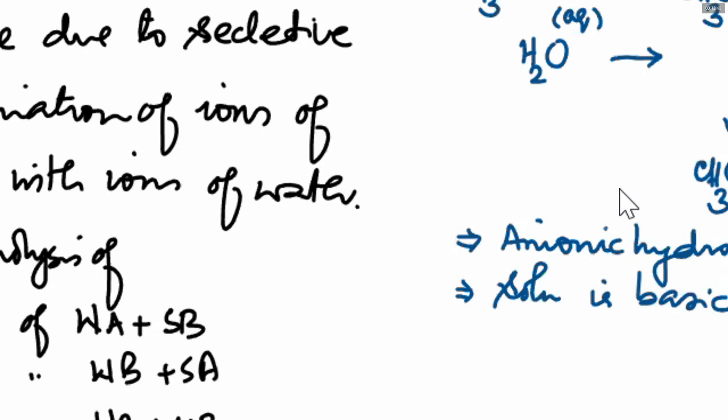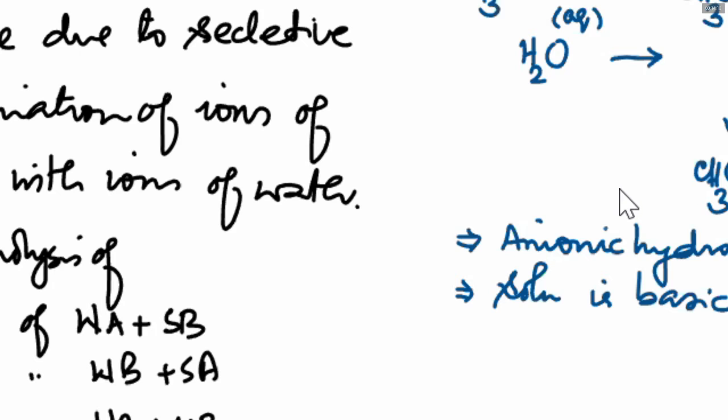Ions of a strong electrolyte never undergo hydrolysis, because a salt consists of always one acid and one base. Therefore, if you have a weak acid, anionic hydrolysis. If you have a weak base, cationic hydrolysis. If you have both a weak acid and a weak base, hydrolysis of both, because basically hydrolysis is the property of weak electrolytes. Hydrolysis is not the property of strong electrolytes.